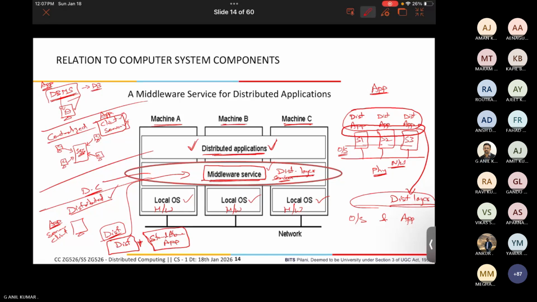Okay. Simple guys. Think about a regular PC. If you want to share a file from one PC to another PC, you use FTP, file transfer protocol. It's a piece of software which will connect both the machines through the network logically and make the file transfer happen. Am I right?